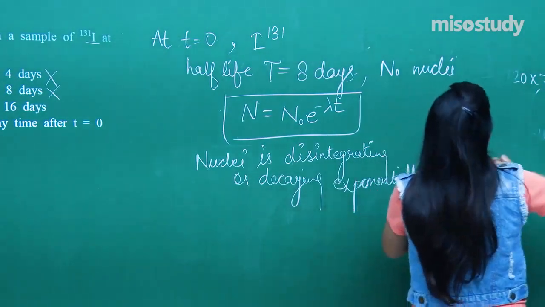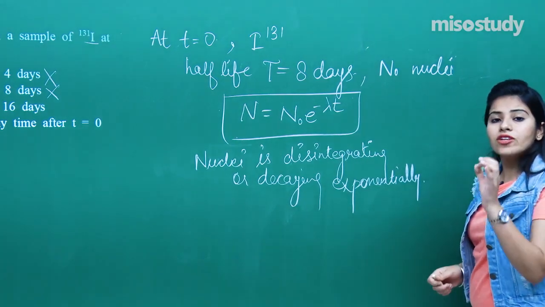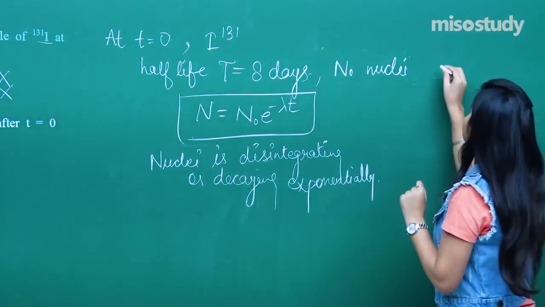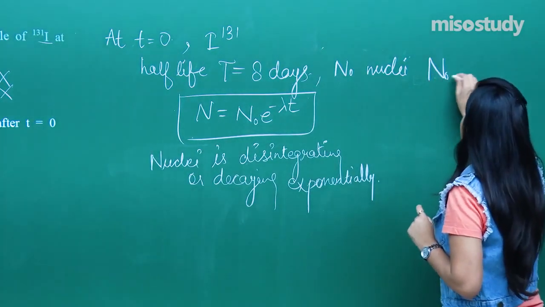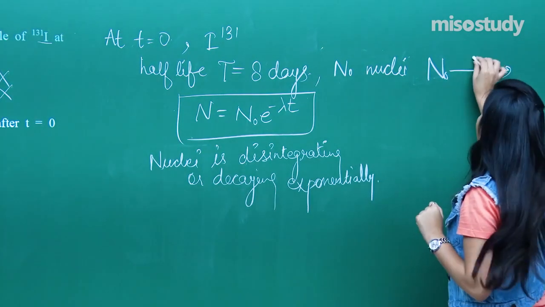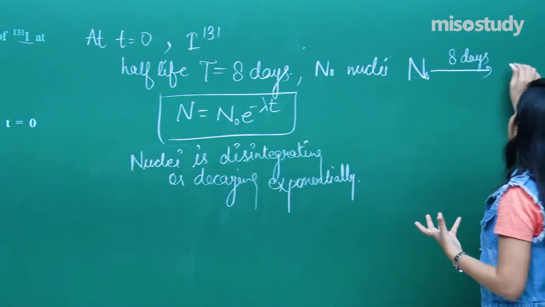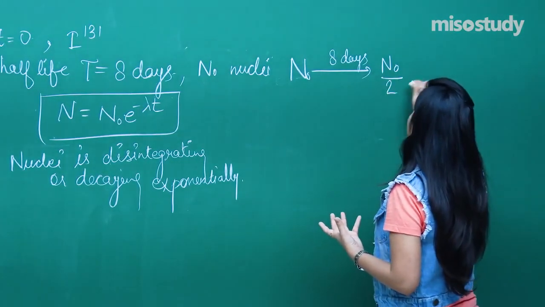At one half-life, that means after 8 days, it will become half, N0 by 2.